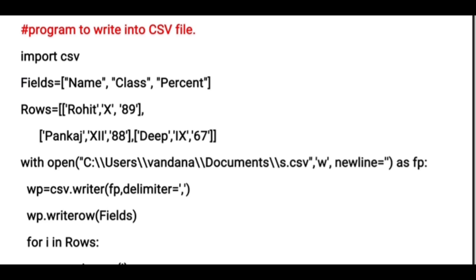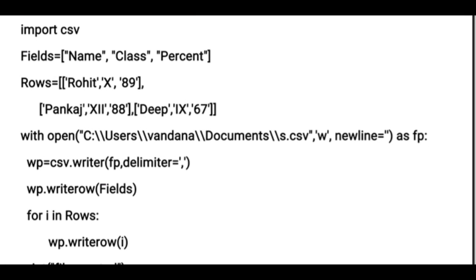Now with the help of the open function, you all know that this is also a way of opening the file, and here I am opening which file name? s.csv as fp. fp is what? File pointer. So wp is here what? wp is a writer object, and with the help of the writer function I am starting writing into the file, and then writerow.